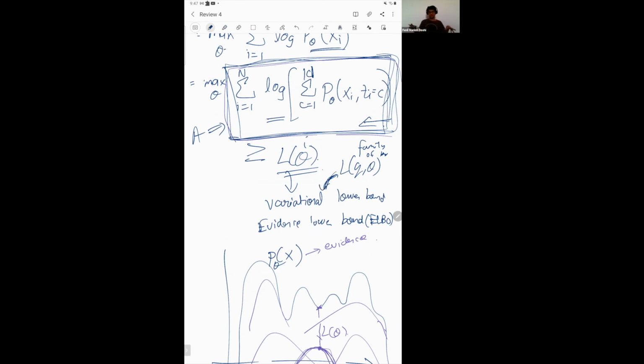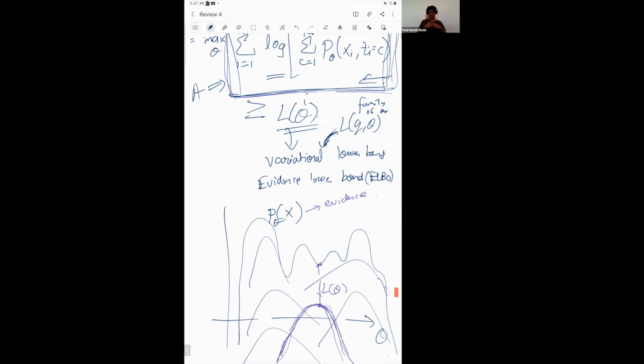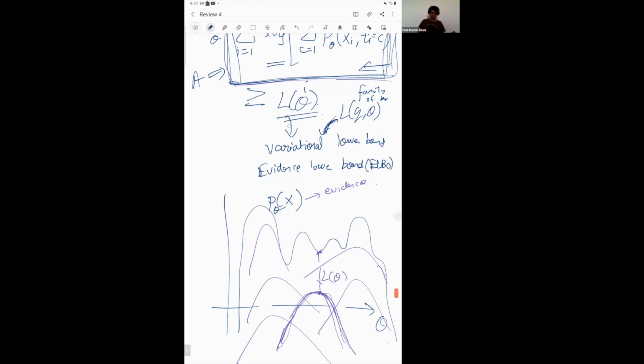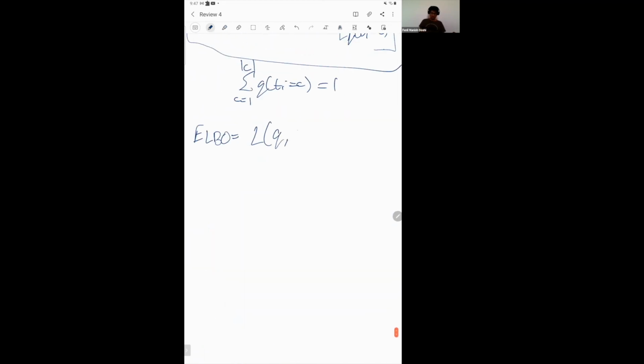The entire family of lower bounds is called the evidence lower bound or variational lower bound. Variational just because we are able to vary this distribution q. This is just a lower bound. So now we have ELBO as L of q of theta, and we are able to vary this distribution q and obtain different lower bounds.